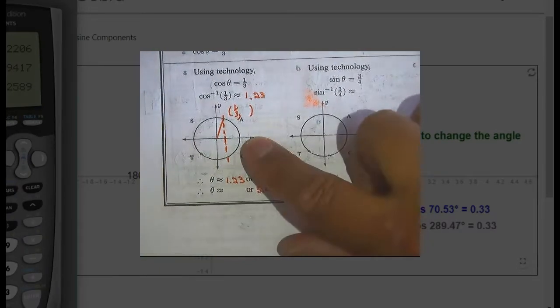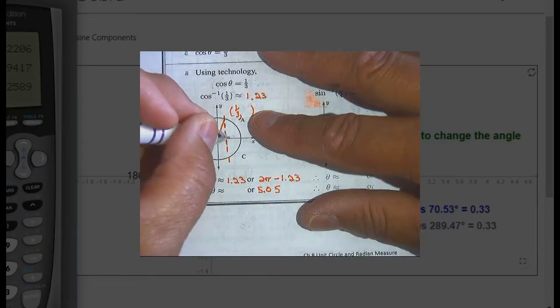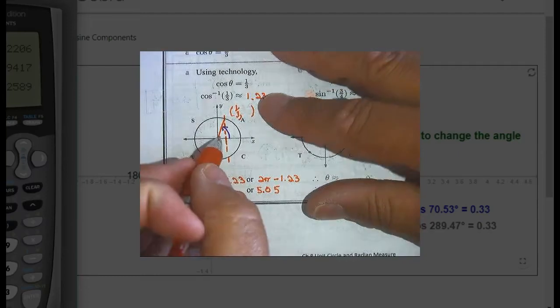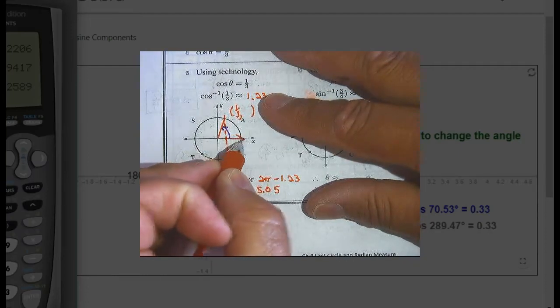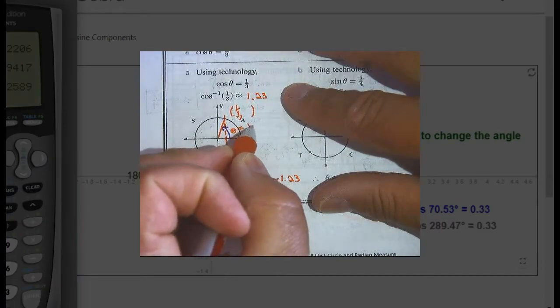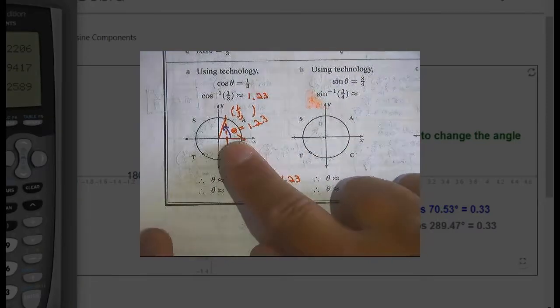That's what that's telling you. Now that opening between the positive x-axis and that is equal to 1.23 radians. That's the first angle.